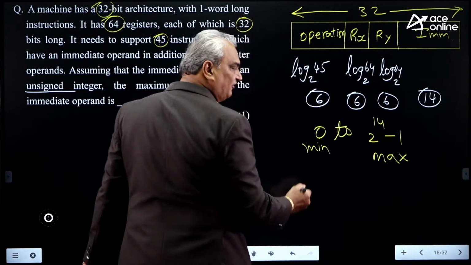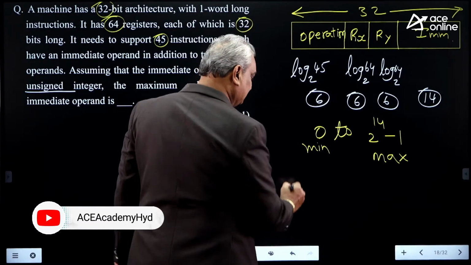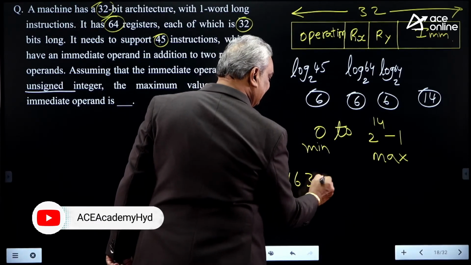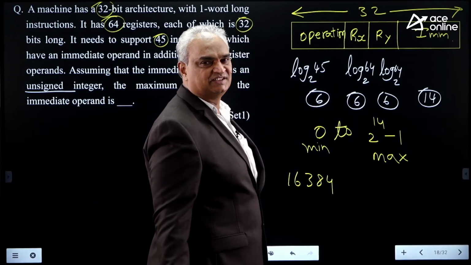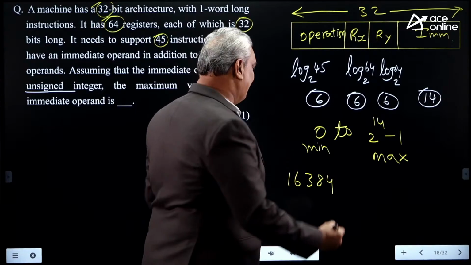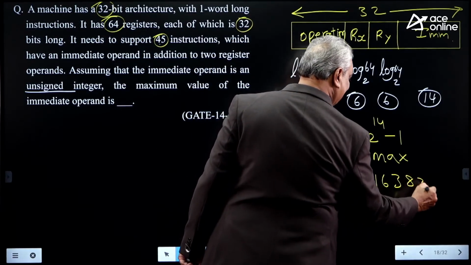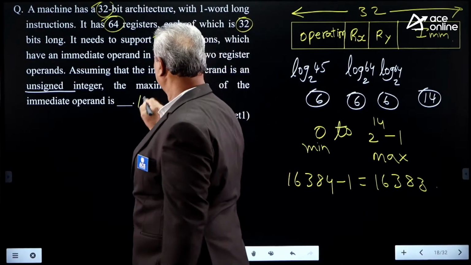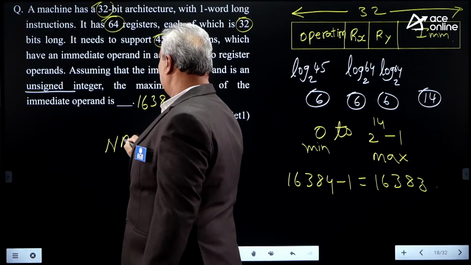So what about the maximum value? 2 power 14 means 16,384, because 2 power 4 into 2 power 10 is 16 into 1024, minus 1. So the correct answer is 16,383. It is a numerical answer type question.